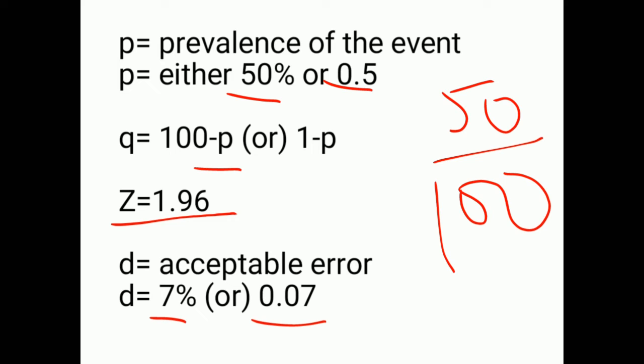If you want to increase your sample size, you have to decrease the acceptable error. Or in reverse, if you want very little error in your study, then your sample size will increase. So accordingly you have to select the acceptable error and the sample size.